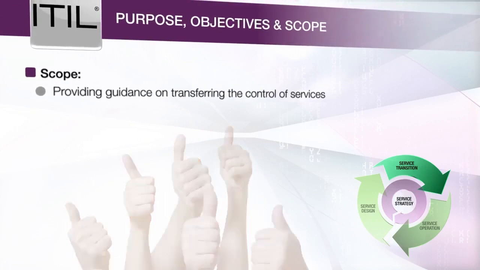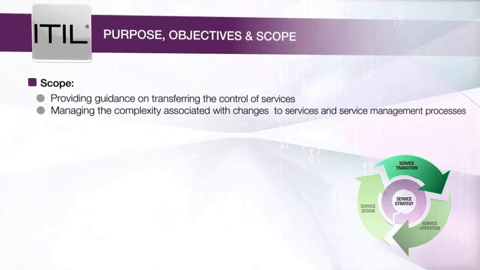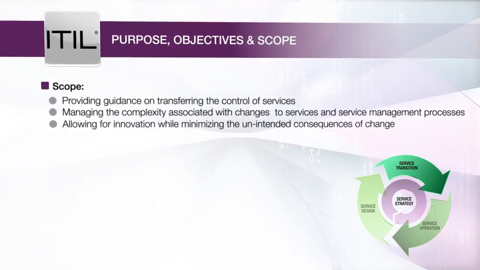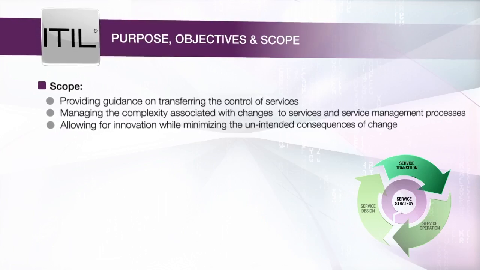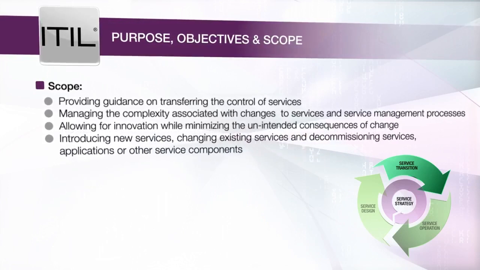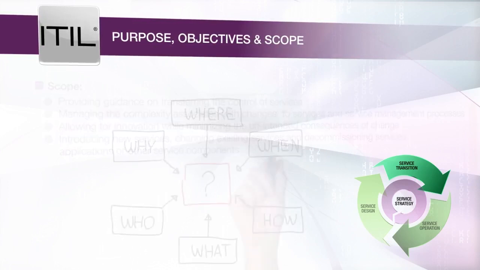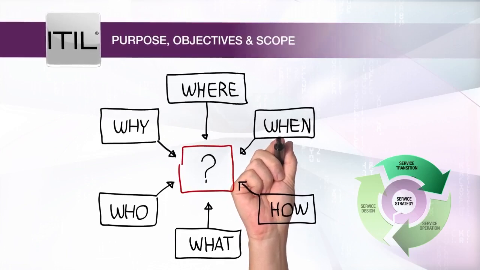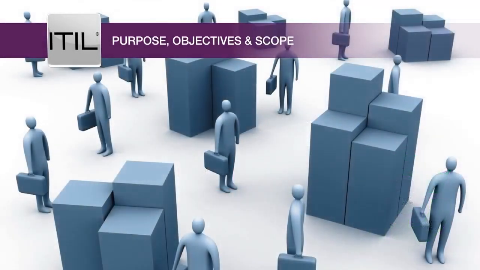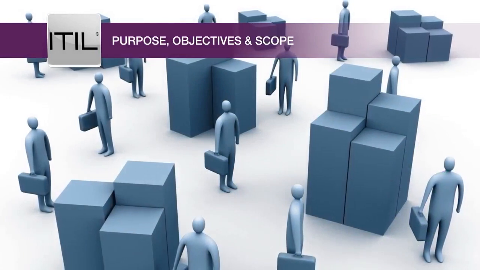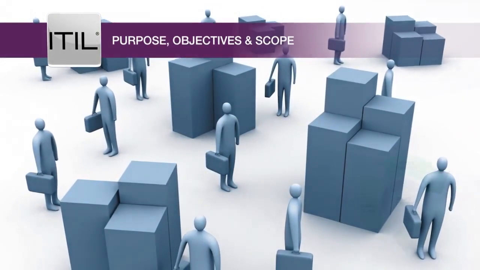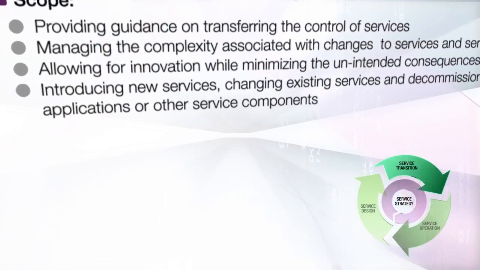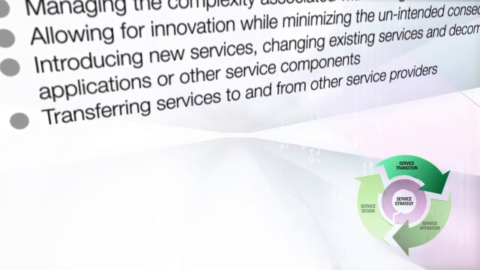This includes managing the complexity associated with changes to services and service management processes, allowing for innovation while minimising the unintended consequences of change, introducing new services into the live environment, managing changes to existing services such as the expansion, reduction, change of supplier, acquisition or disposal of sections of user base or suppliers, change of requirements or skills availability, the decommissioning and discontinuation of services, applications or other service components, and the transfer of services to and from other service providers.